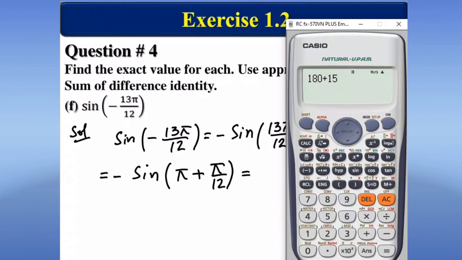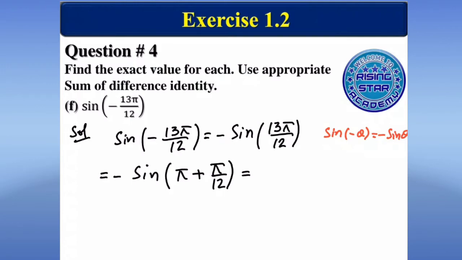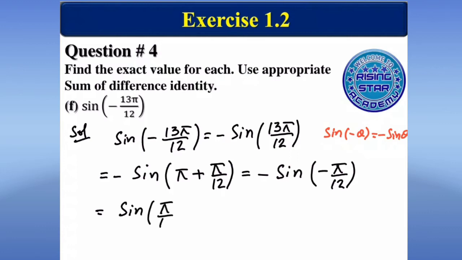Now I will simplify. So here I will write minus sine of minus pi by 12. So now we will write it as sine of pi by 12.